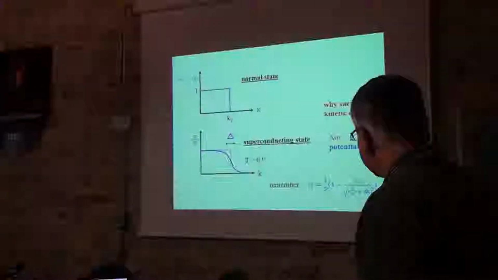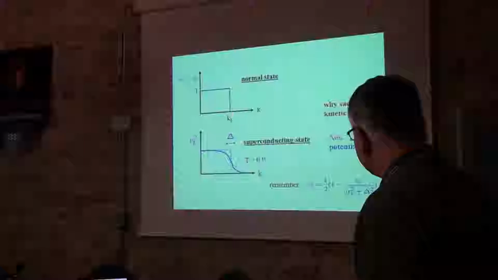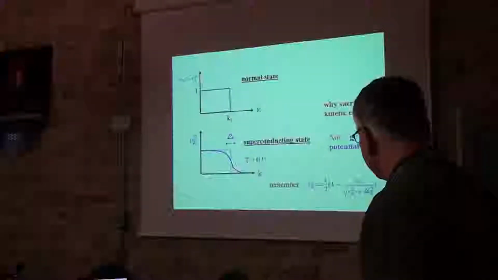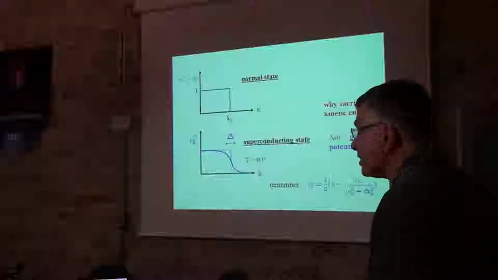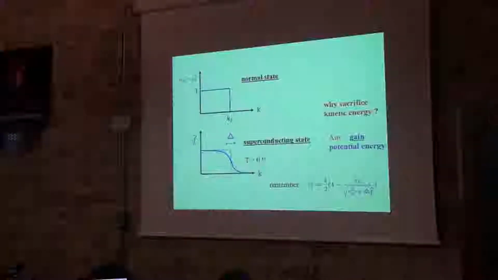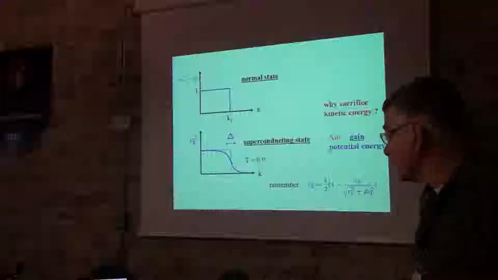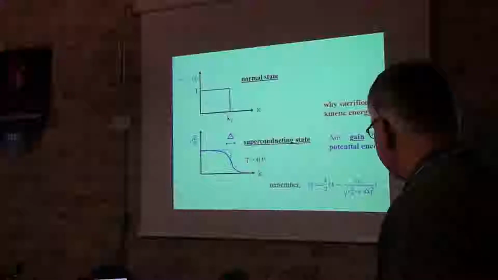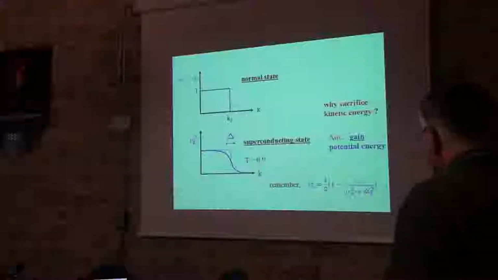It's this smearing of the distribution function, which seems to be a bad thing to do if you were just focusing on kinetic energy, but is good overall because we gain in potential energy. That's the standard paradigm associated with BCS theory, and that's the one that maybe has come into question.